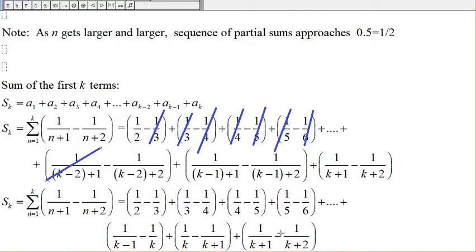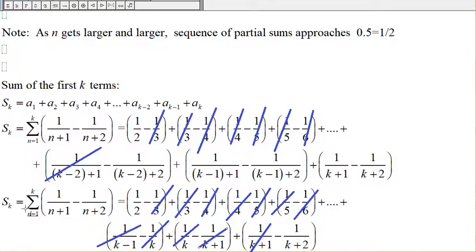And then right here we get k plus 1, k plus 2. And so as we did right here, that term will cancel out, and then that will cancel out. And then right here we have minus 1 over k and plus 1 over k, which will drop out. And then minus 1 over k plus 1 will drop out with this one.